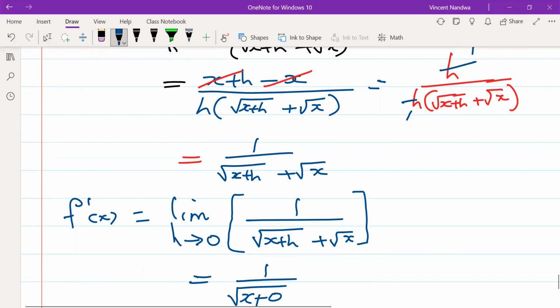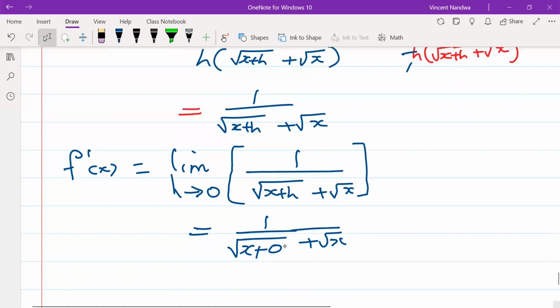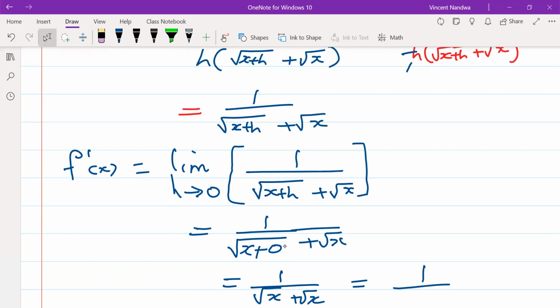So then plus root x remains to be root x, so we have root x plus root x, which is 1 over 2 root x. Correct. I hope now you should be able to apply the first principle to solve the derivatives.